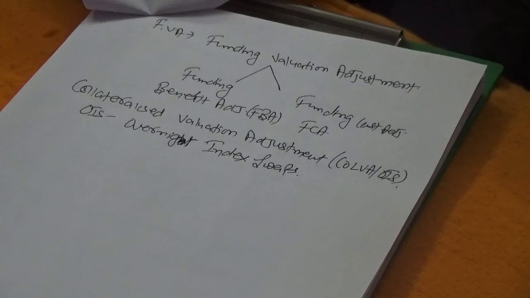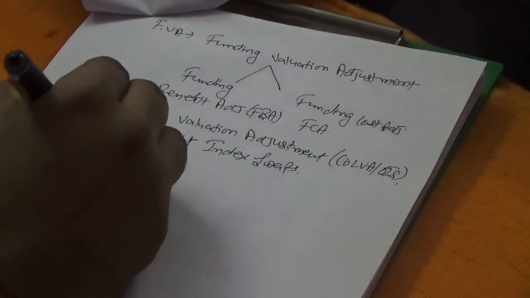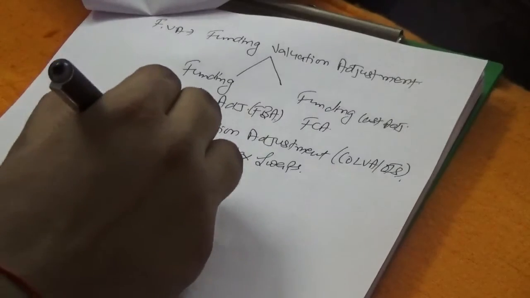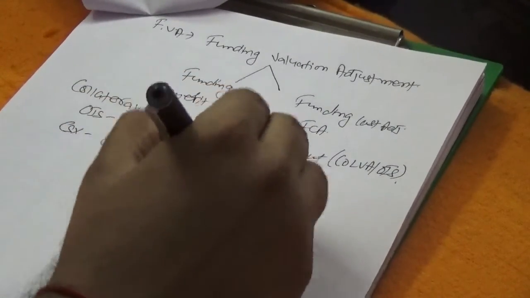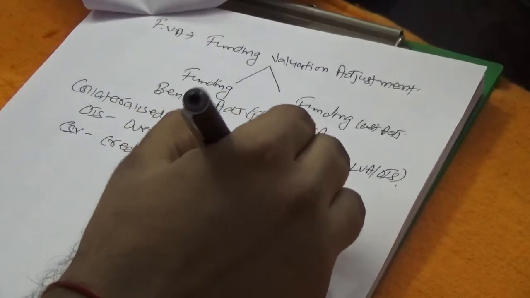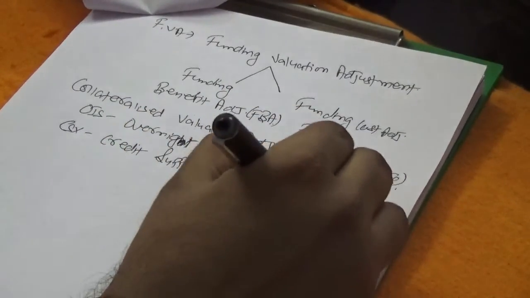Now once you do the valuation, sometimes you will bring a collateral to a bank, and in many cases it does happen via CSA. CSA stands for Credit Support Annex.